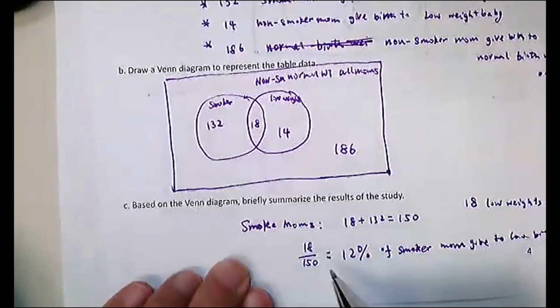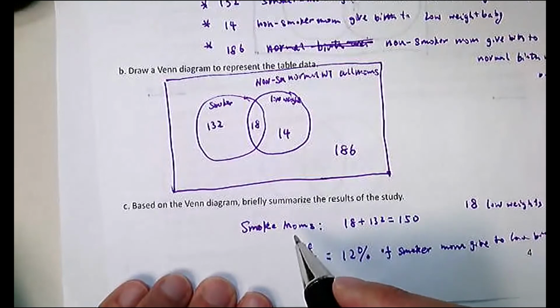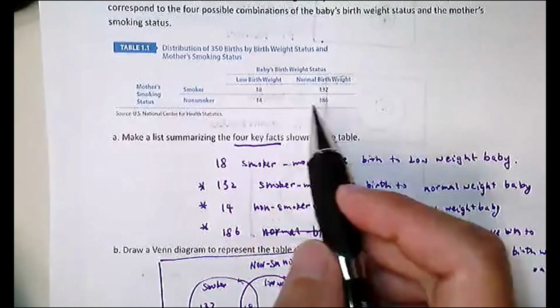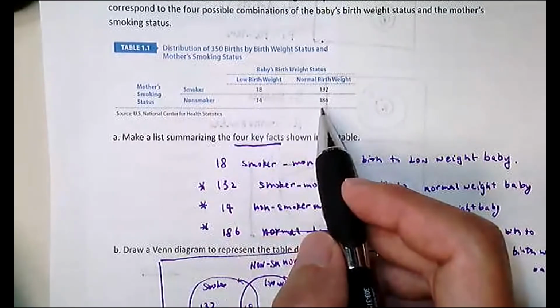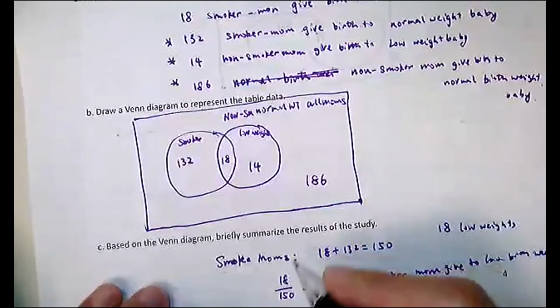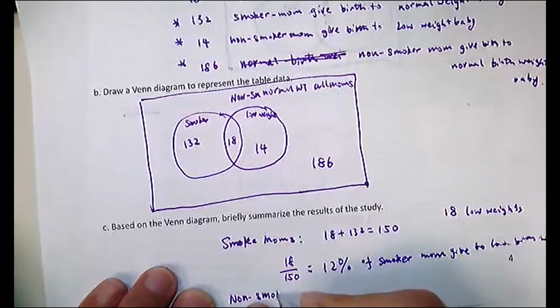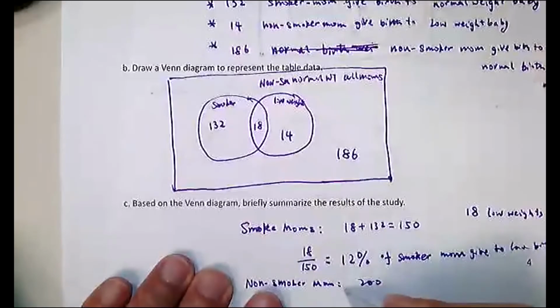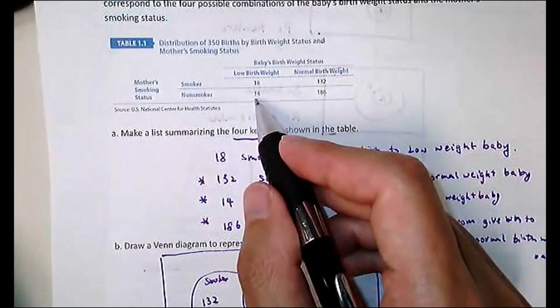So how about for the non-smokers? How many non-smokers do we have? Look at the table. We have 14 plus 186, so together we have 200. Among those 200 moms, how many give birth to low weight babies? 14.